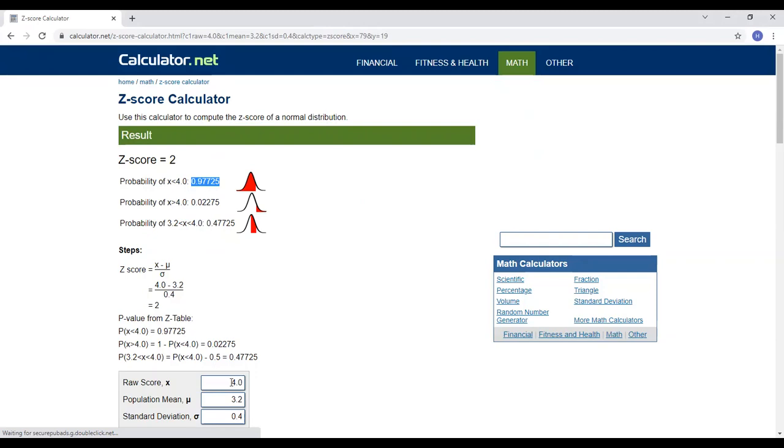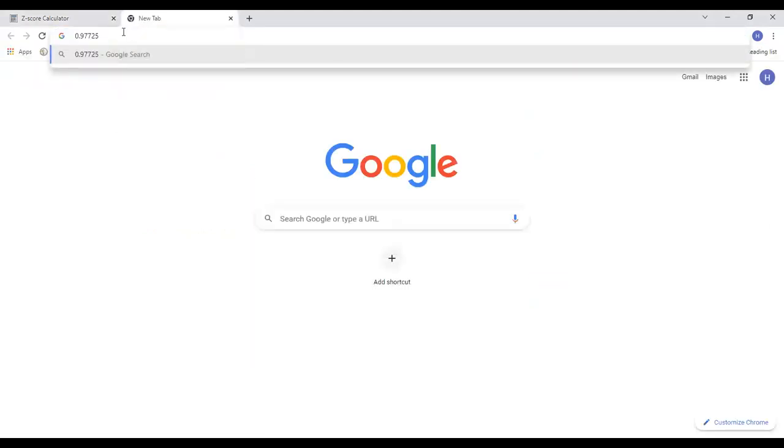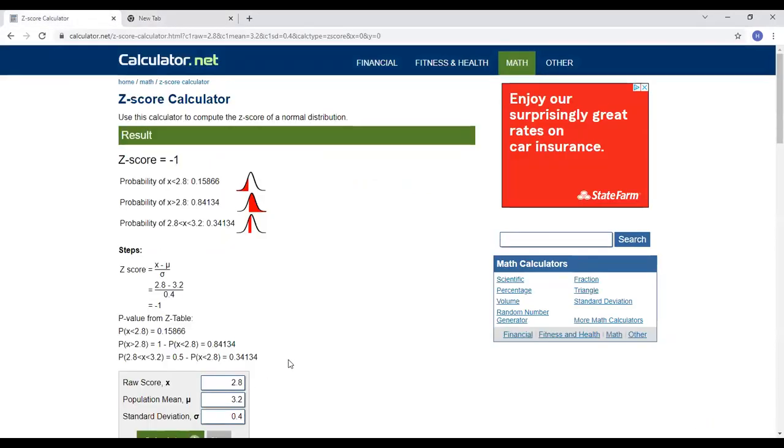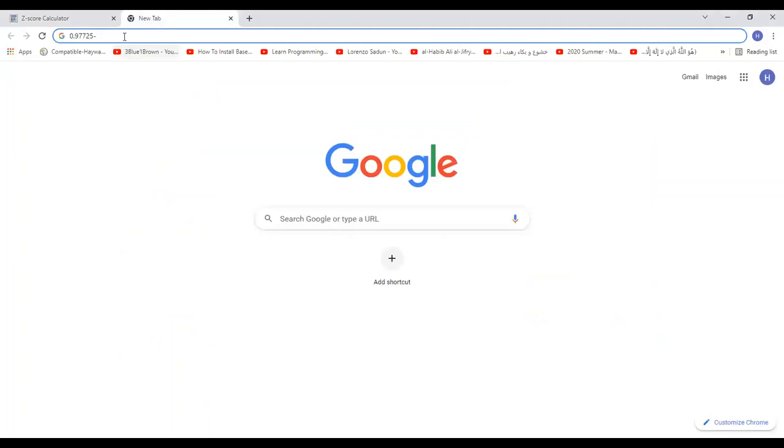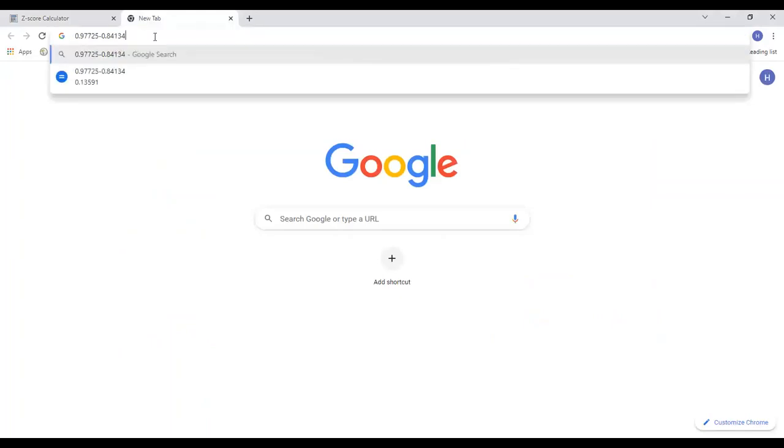Now I'm going to do the probability of times that are bigger than 2.8. I'm going to just use this and put Control V right here, and I'm going to put minus. I'm using this as a calculator. Then with 2.8, the probability that are bigger than 2.8 is this. Control C. Then I'm going to go to the calculator and put 0.97725 minus 0.84134 and hit enter.